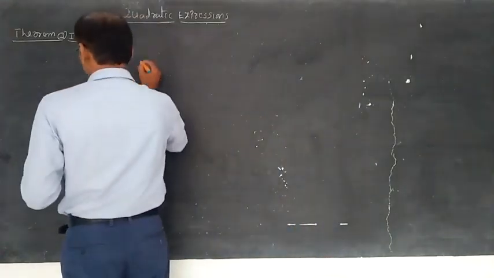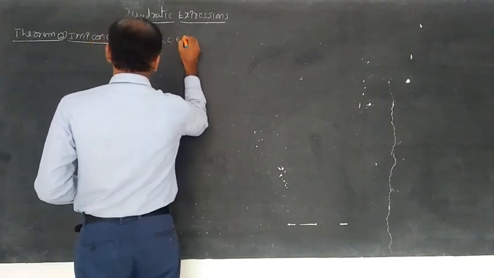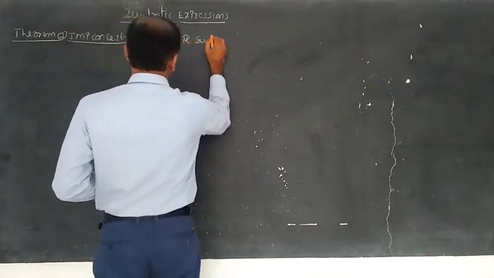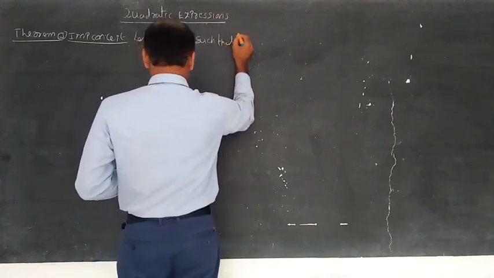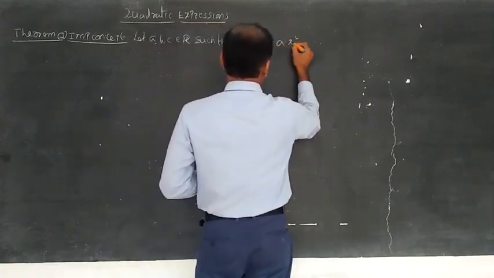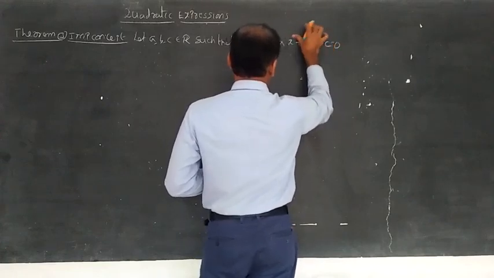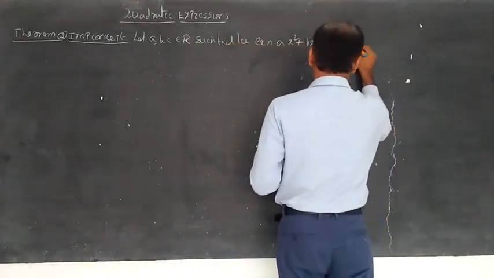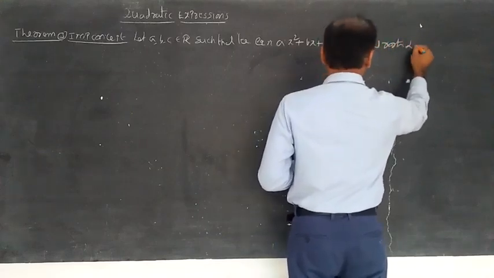Important concept: a, b, c belong to R such that the equation ax square plus bx plus c equal to 0 has real roots alpha and beta.